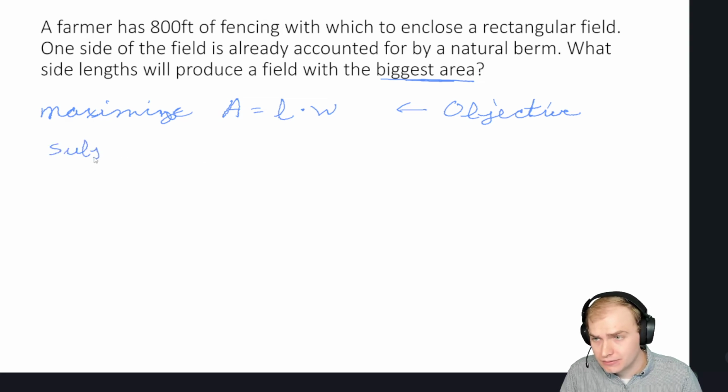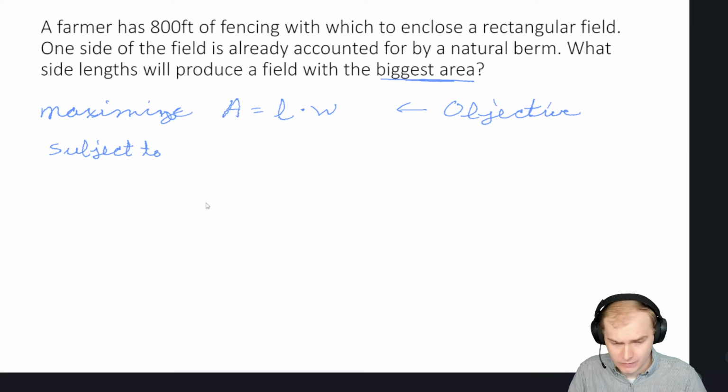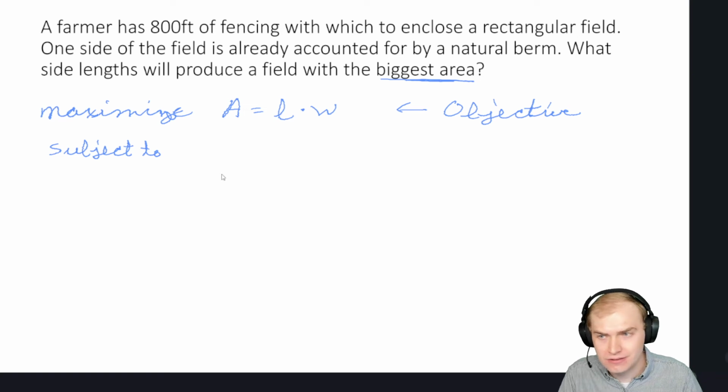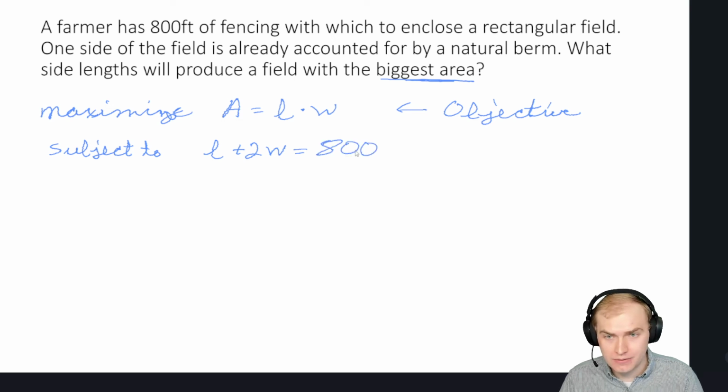And it is subject to a constraint, right? The perimeter of the three sides can't be any bigger than 800 feet, because that's as much fence as our farmer has. So the length plus 2 times the width equals 800. Now maybe later in the class we'll see that the farmer has 800 feet of fencing, but he doesn't necessarily have to use all of it.